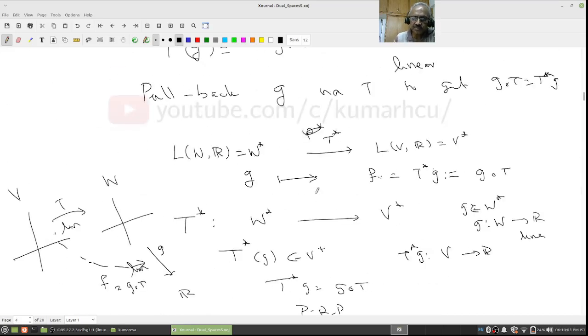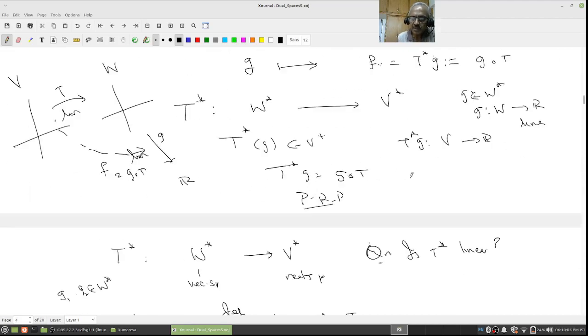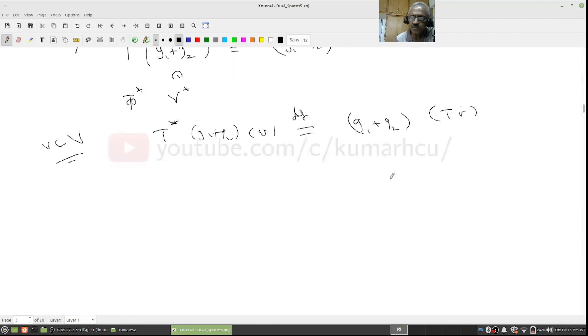What is T star of G? T star of G acting on V is G acting on TV, right? G composite T is G acting on TV. But what do I know? This TV is a vector in W. G1, G2 are in W star. They are linear functions to R. Therefore, how did I define the addition here?